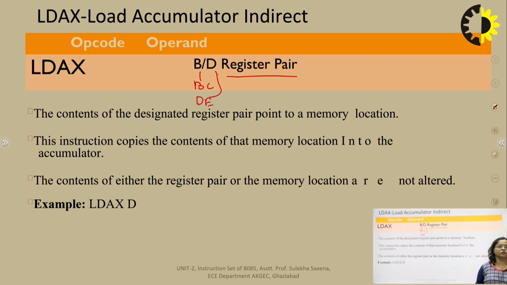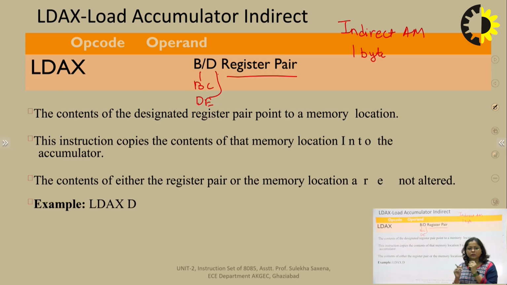So this instruction loads the accumulator indirectly with the content of the memory address given in the register pair. As the memory is accessed indirectly, this instruction is of indirect addressing mode. And since no address or data is specified in the instruction, no extra size is required. So the size of the instruction is 1 byte only.